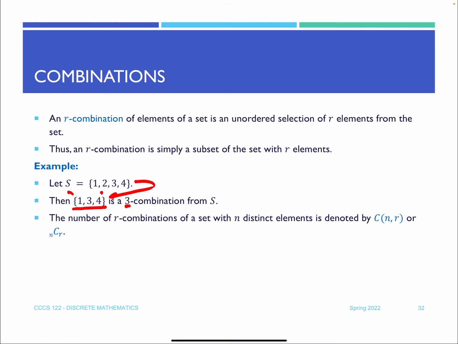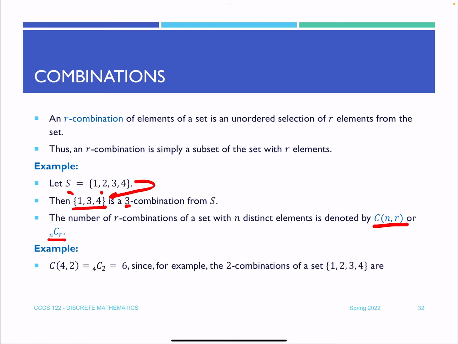The number of R combinations of a set with n distinct elements is denoted by C(n, r), kind of like P(n, r) for permutation. Or we have this alternative notation for this as well, nCr. So let's look at this problem a little more manually.